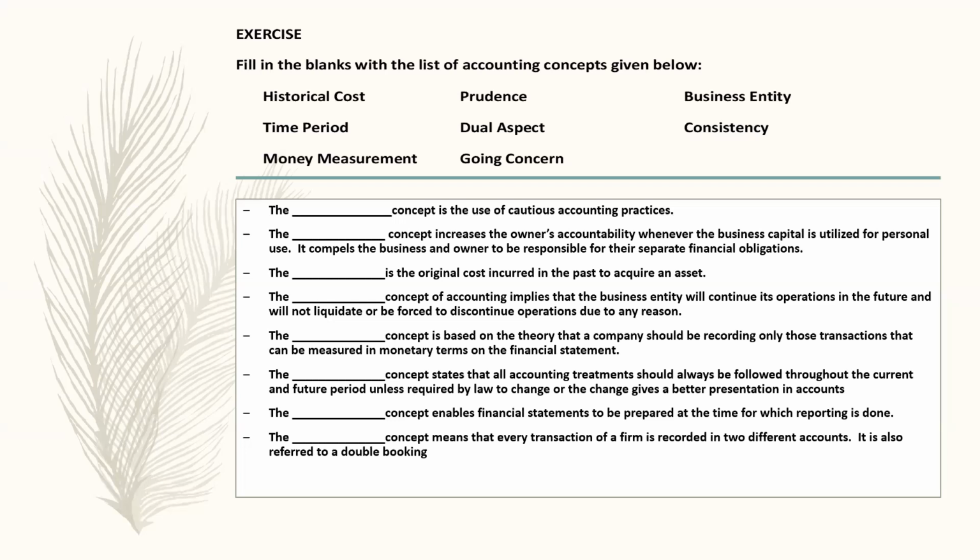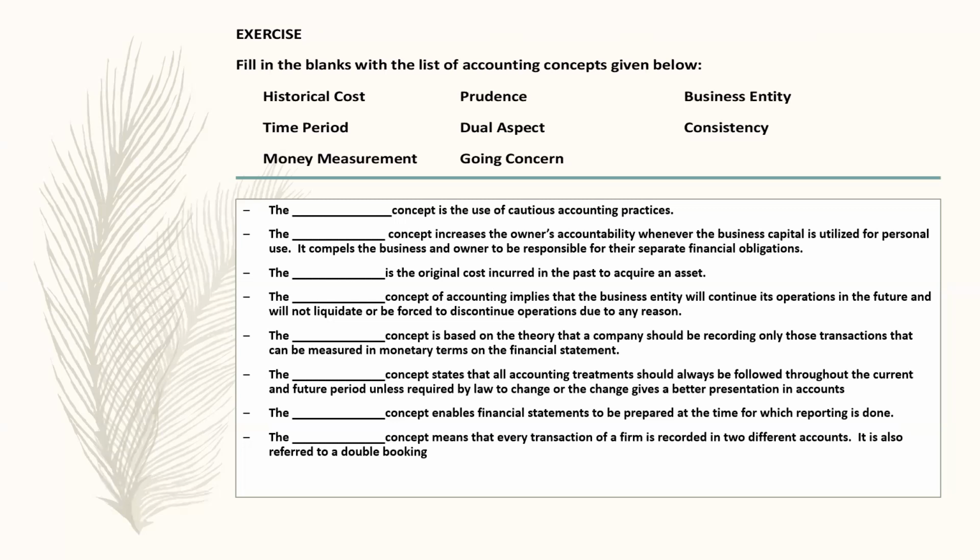The second one, the business entity concept, increases the owner's accountability whenever the business capital is utilized for personal use. We know that is a no-no. The business is separate from the owner. The owner should not be incorporating his personal expenses into the business. All right. So the second one is the business entity concept.